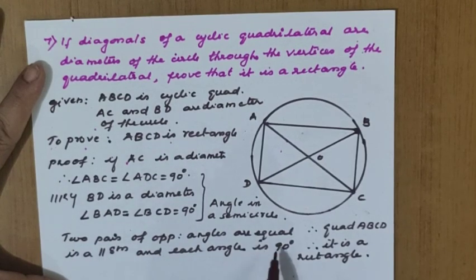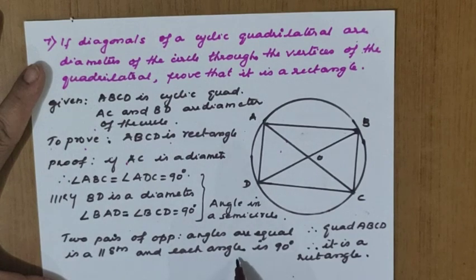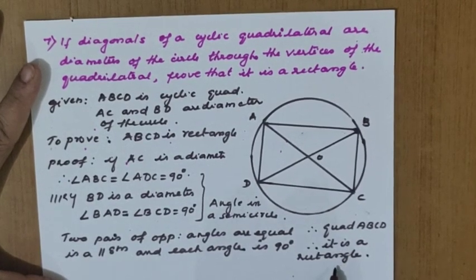Now two pairs of opposite angles are equal, so quadrilateral ABCD is a parallelogram by definition. Now what is the next step? Each angle is 90 degrees. In a parallelogram, if one angle is 90 degrees, then it is a rectangle. So we can write that each angle is 90 degrees, so it's a rectangle. With this, I am winding up today's class. Thank you.